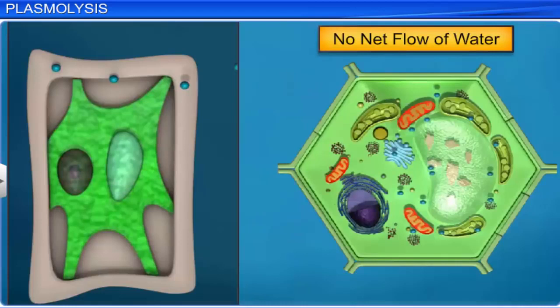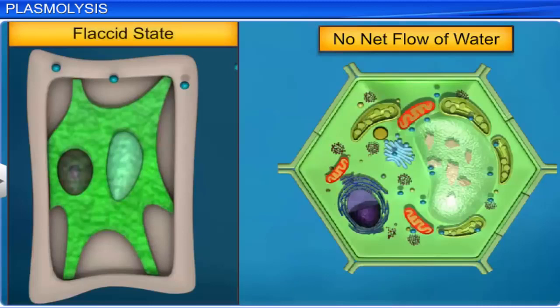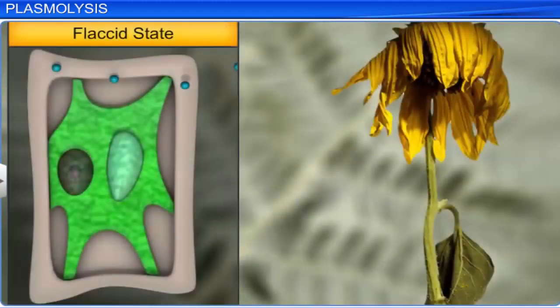When the flow of water from and into the cell is in equilibrium, the cell is said to be in a flaccid state. Flaccid cells are found in a wilted plant that has not been watered for a long time. Therefore, it can be said that the surrounding external solution decides the behavior of the cell.